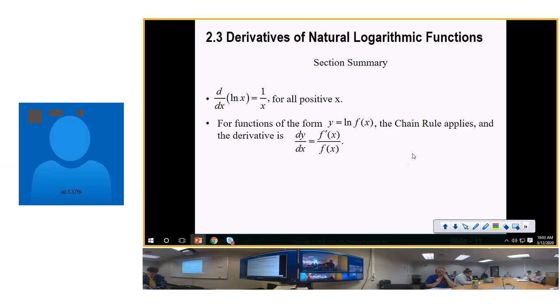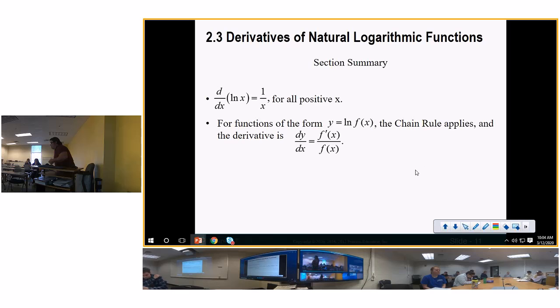Okay, so whenever you take the derivative of the natural log of x, you're going to get 1 over x. And when you have the natural log of f of x, you do du over u. You take the derivative of that function and you put it over the function. Okay, so you might want to write that down. A lot of people in calculus say du over u.